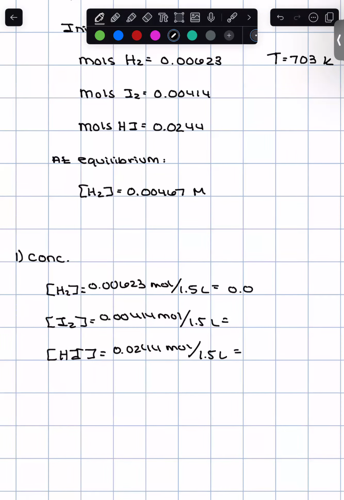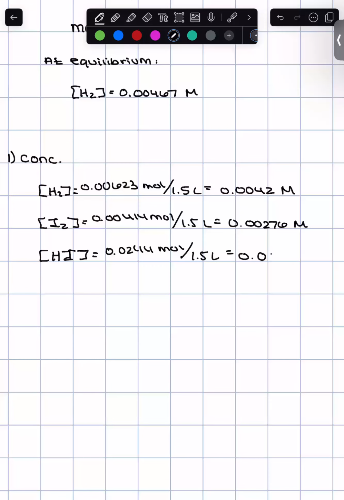This is equal to 0.0042 molar. This is equal to 0.00276 molar. The last one is equal to 0.0163 molar.